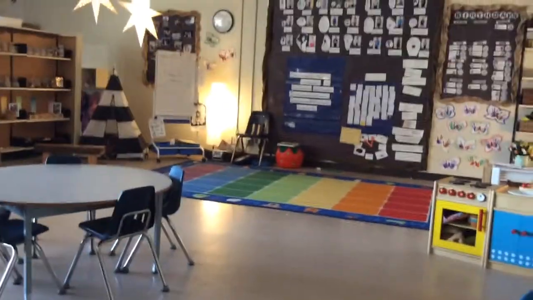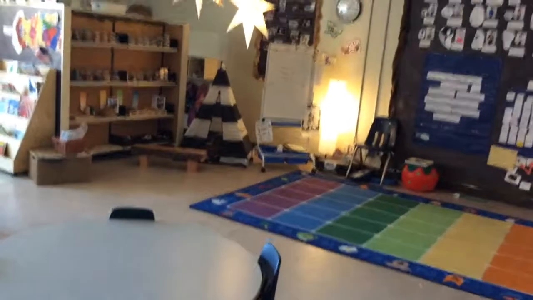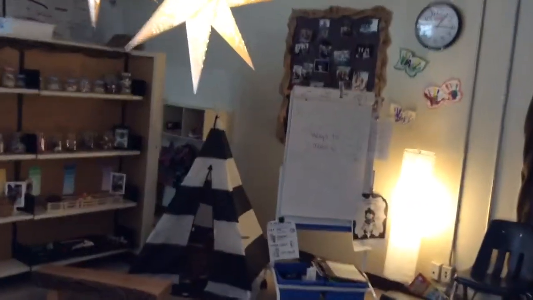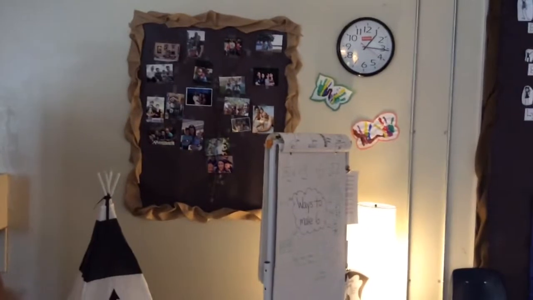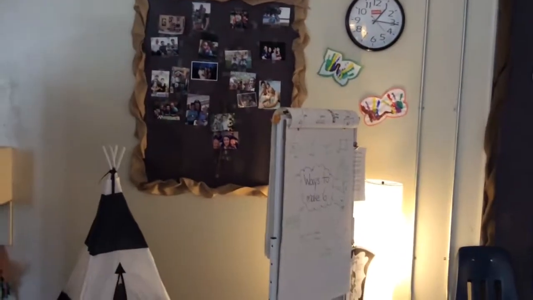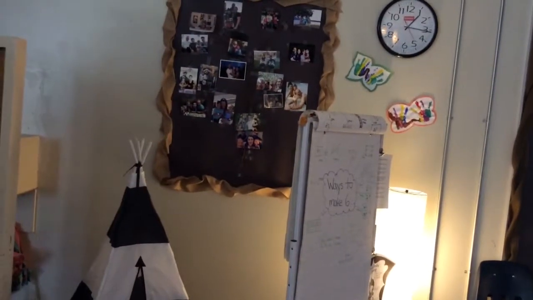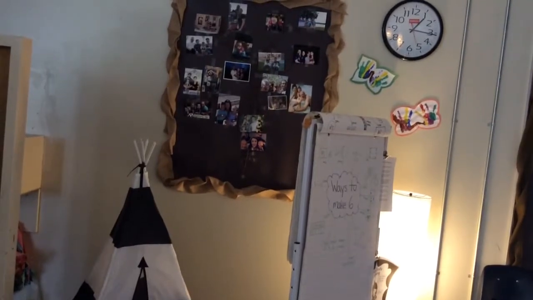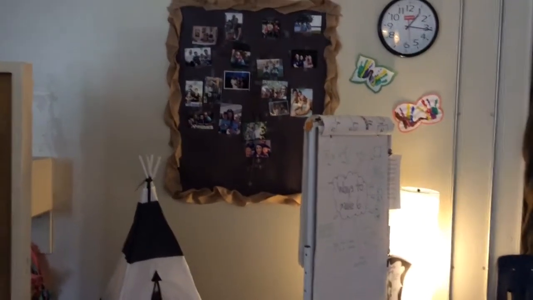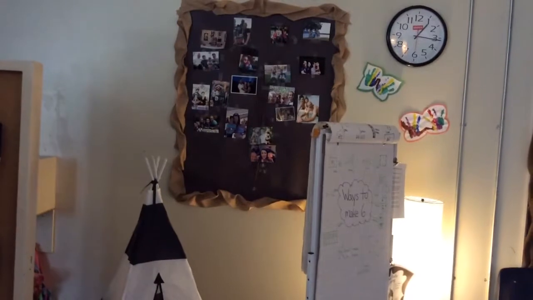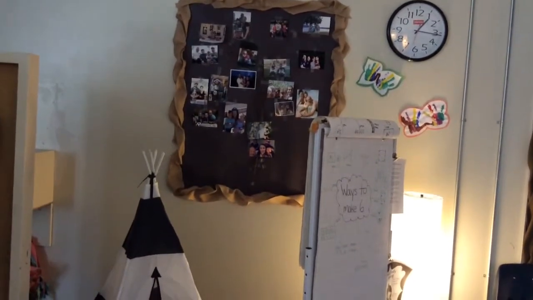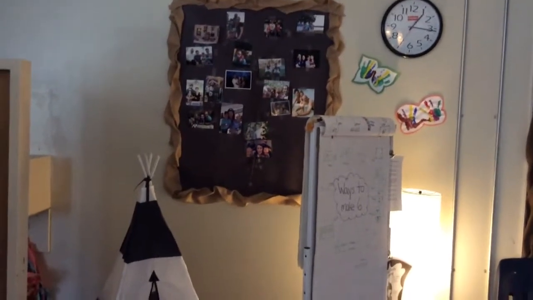So one of the first things I do, I'm going to take you over to my family tree. Within the first week, it's just behind us, chart paper here above the teepee. In the first week, I have the children send in pictures of their families, and then during their show and tell, they will be talking about how their families are different and the different things that they do with their families, maybe different things that they celebrate.